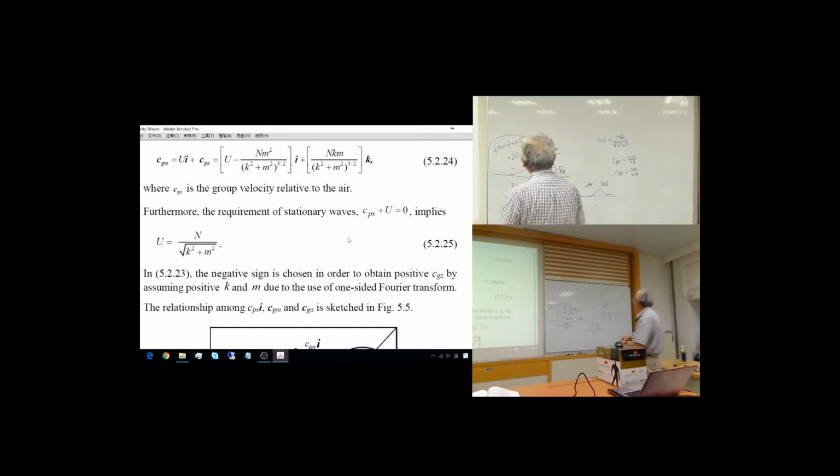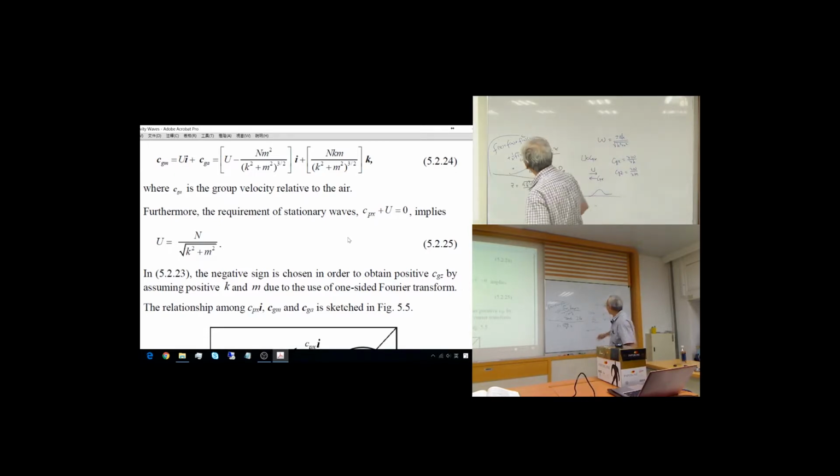That means if you want to see the wave here, your phase speed has to be equal to U. That's what we are looking for, because we are not studying the transient or time-dependent wave, we are studying the steady-state wave. So U has to be balanced by Cpx, so U is equal to Cpx.